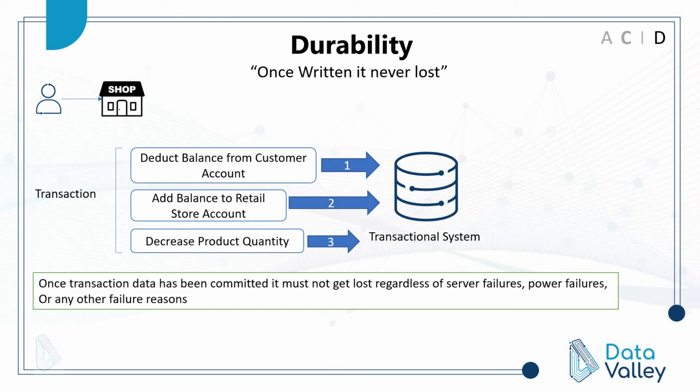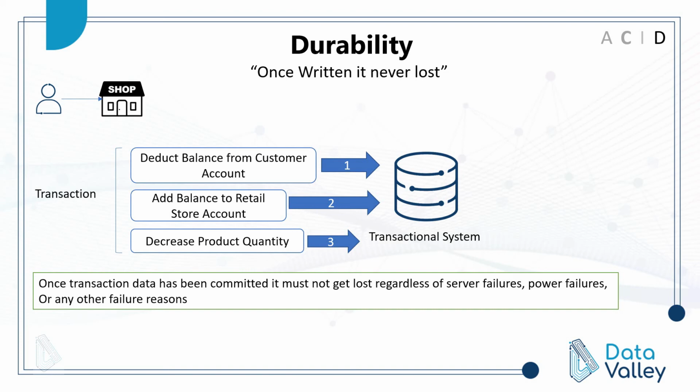And this is a basic and important concept in databases or transactional systems. Because I cannot trust a system or a database if the data in it is lost due to any kind of reason, like server failures, power failures, or any other failures. I cannot trust the system then.